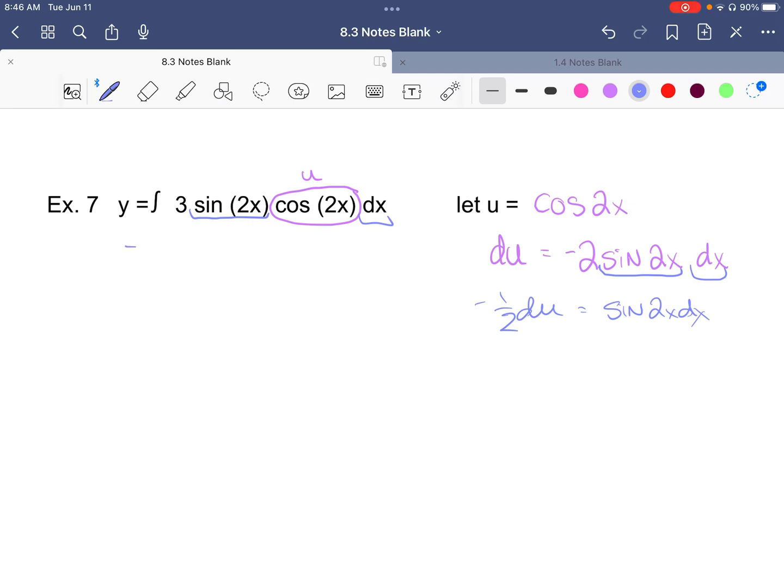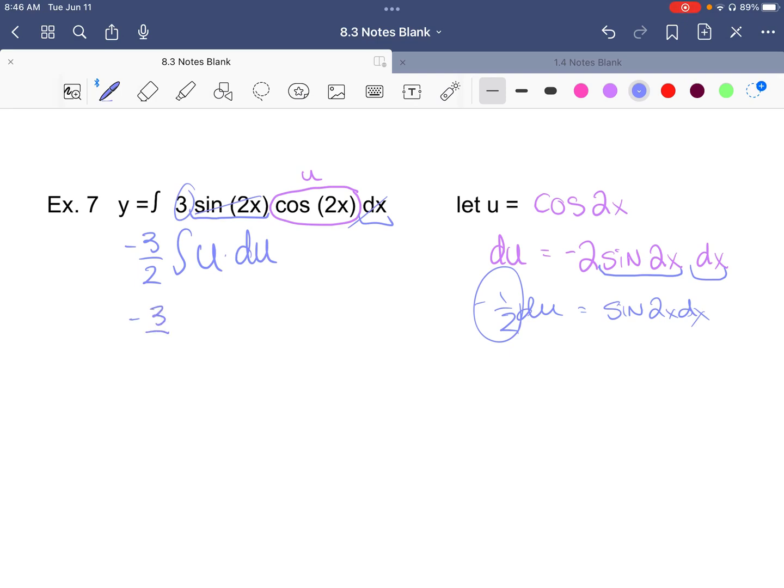So negative 3/2, because we've got our negative 1/2 and we've got our 3. Our integral of, we eliminated this and this, because that is going to be our du. So we're left with cos of 2x, which was our u. So u du, and that's it.